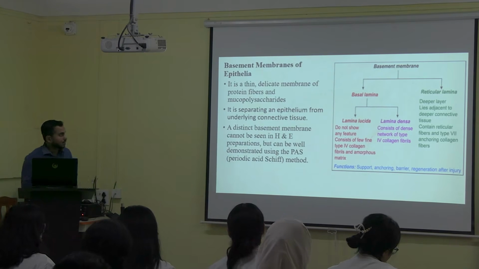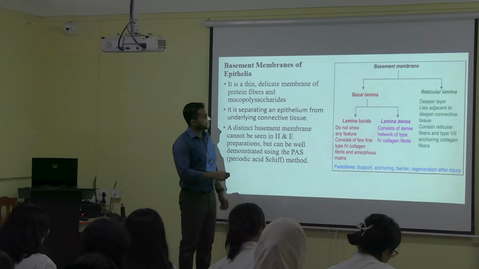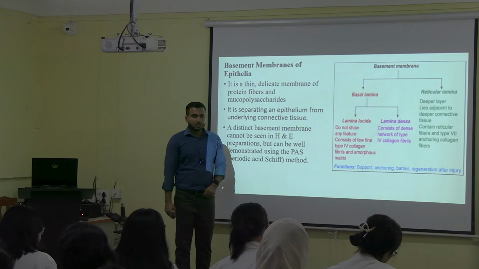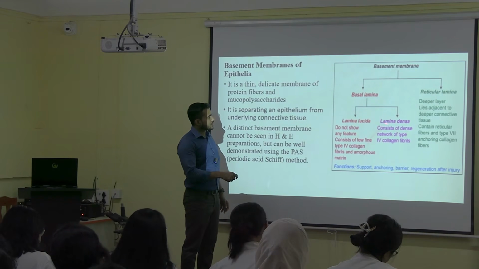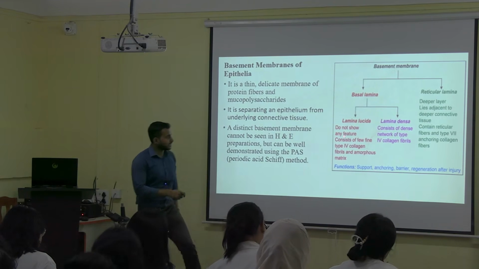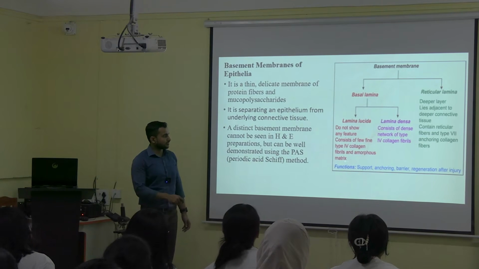Now if you see the basal lamina, mainly it has two layers, the lamina lucida and lamina densa. The lamina lucida does not show any feature and consists of only type 4 collagen fibrils and amorphous matrix.